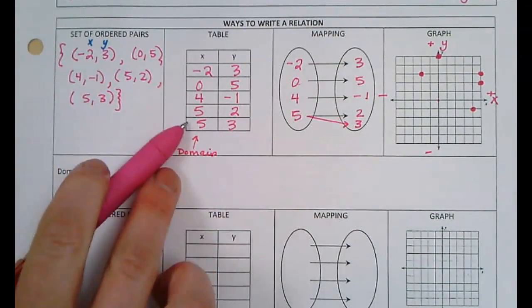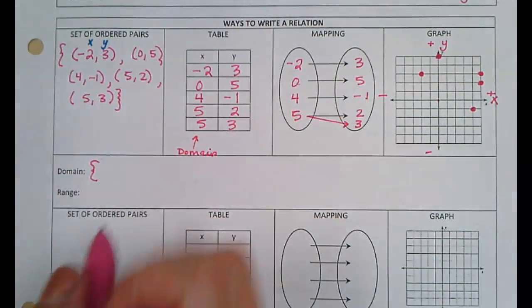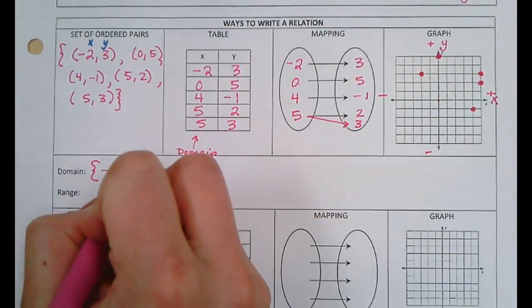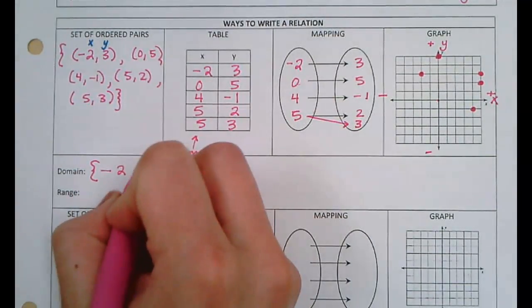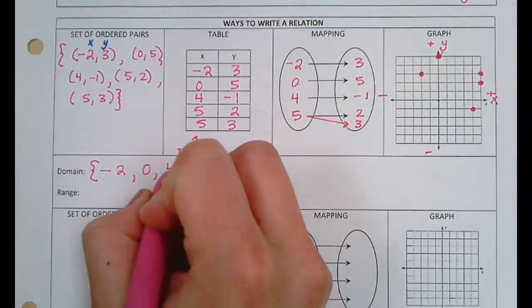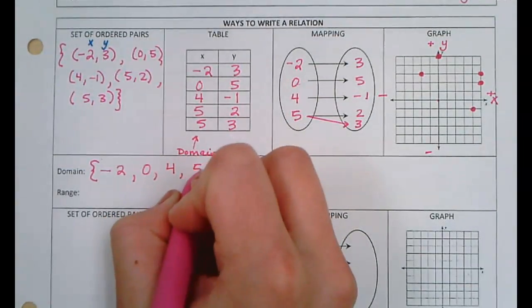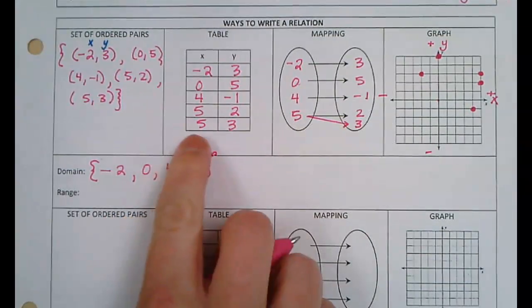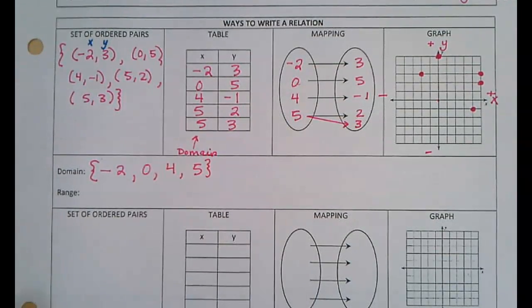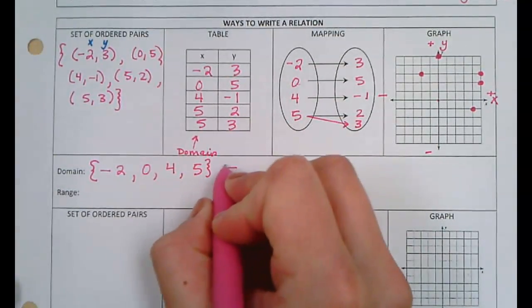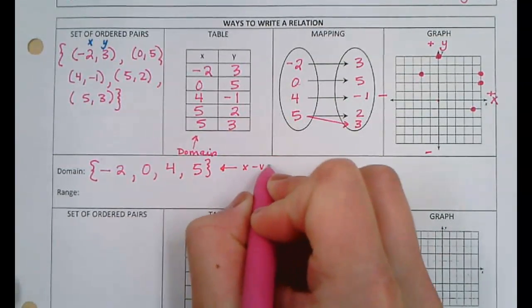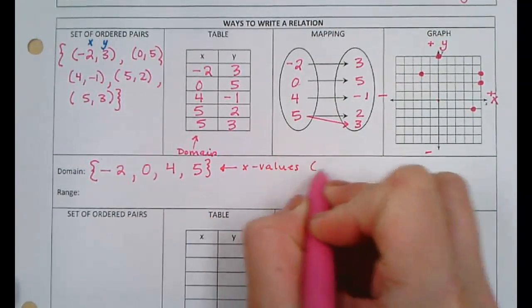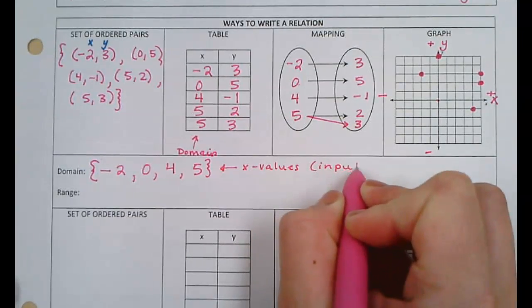In order from least to greatest, which these are already listed off, I'm going to put -2, 0, 4, and 5. You do not have to list 5 twice because 5 is already listed in the domain. It tells you what values are your inputs. So these are just your x values or your inputs.